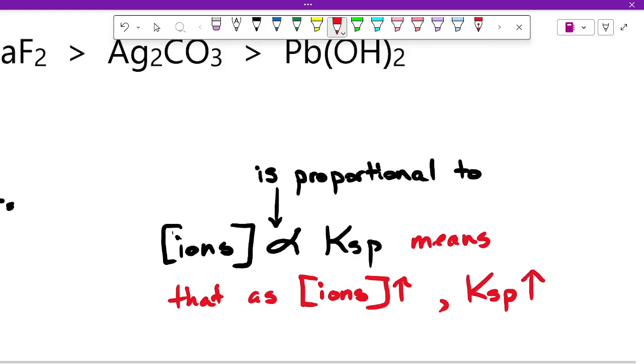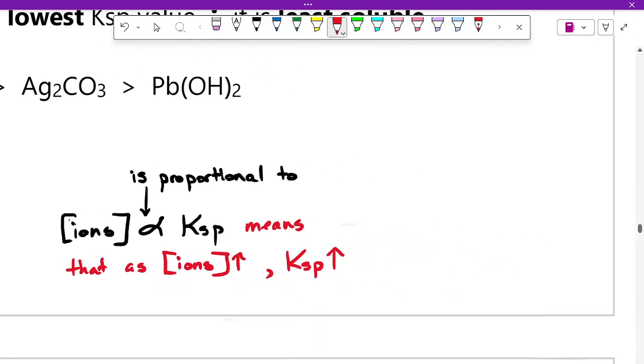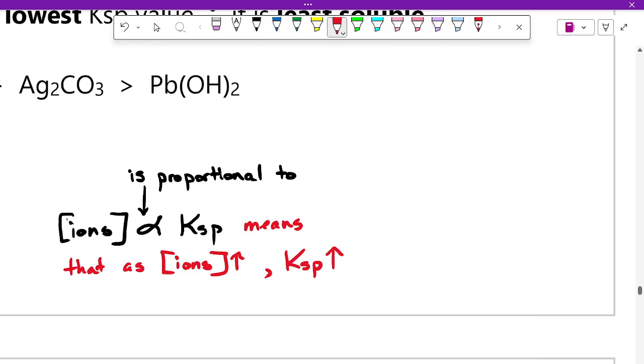It means there is a direct relationship between them when you put it like that. Just so you know what it means when you have a different sort of proportionality.